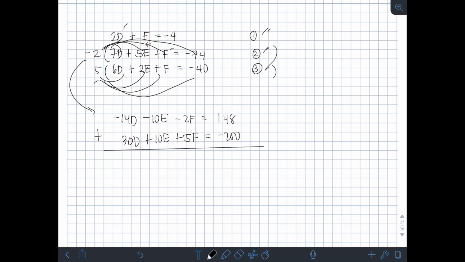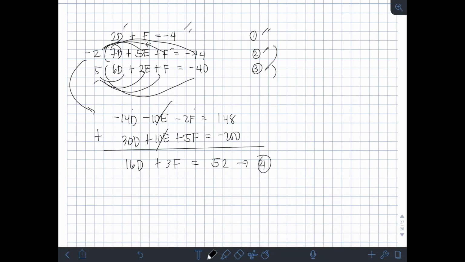And then add natin para makancel si E. So −14D + 30D is 16D. Then cancel na nga si E. So we have −2F + 5F is 3F. Equals, so ano yung 148 plus negative 200? −52. Okay, so let's say equation 4.